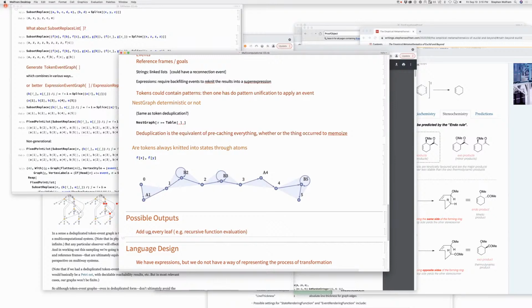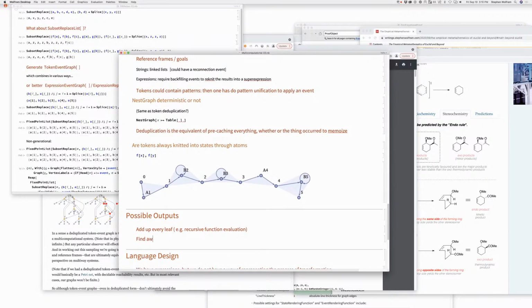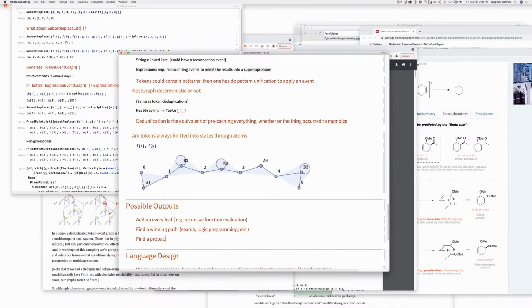Another is find a winning path, which is search, logic programming, etc. Another is find a probability distribution over paths, which is like Monte Carlo and things like this, right? And that's like probabilistic programming, I guess. Is that a correct statement?